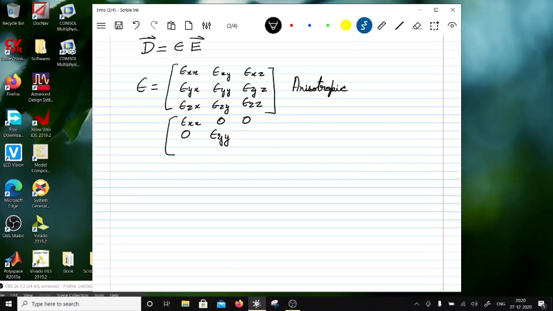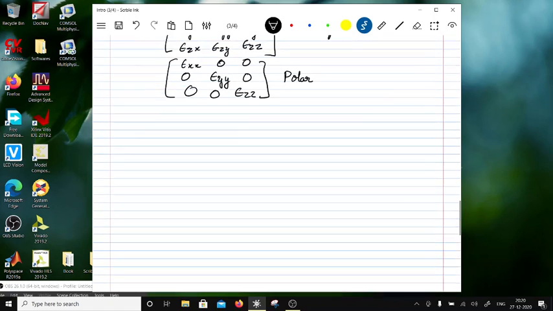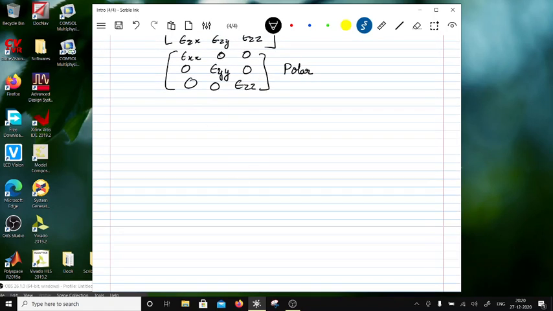Now a special form of anisotropic medium is where you have all off-diagonal elements equal to 0; then that's called a polar material. Still another variation is when epsilon xx is the same as epsilon yy is the same as epsilon zz. We represent it just as epsilon, and then this would be called isotropic.